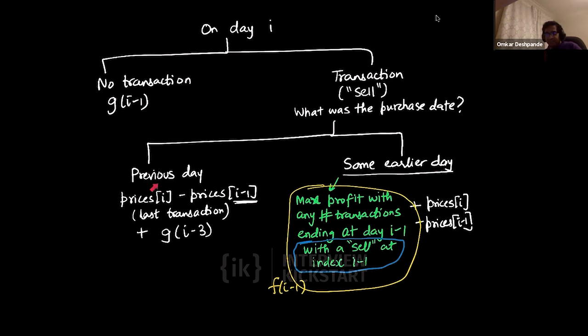Here, we are seeing the whole transaction, right? This transaction starts at I minus 1 and ends at I. And so the history prior to that has to be seen by us, keeping in mind the cooldown period. Because the transaction starts on day I minus 1. Here, the transaction started on some earlier day, and so the start date of that transaction falls behind that fog, within that red rectangle. And so I don't have to worry about it because I'm just looking at the last transaction now and extending that.